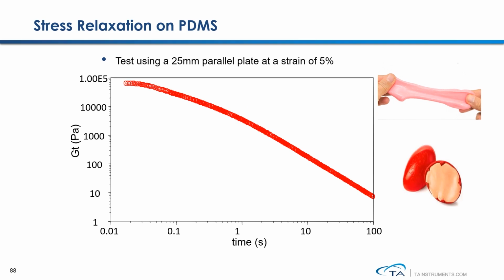The measurement was conducted using a 25 mm parallel plate, and the strain was set at 5%. During the measurement, the sample's relaxation modulus change as a function of time is plotted in this graph. Since this polymer is linear, eventually the relaxation modulus will reduce down to zero in theory.